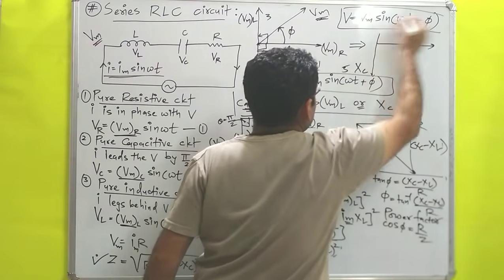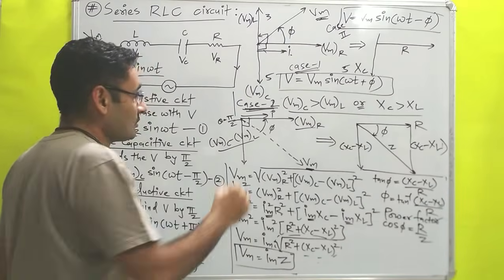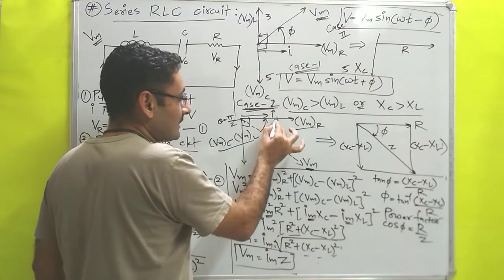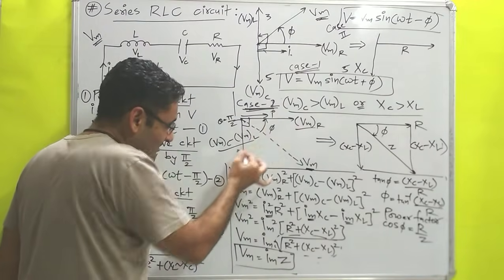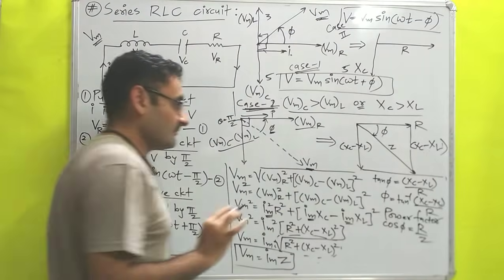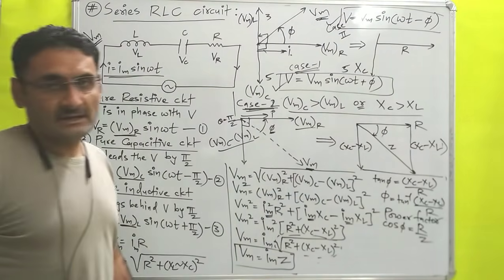This is for case number 2. Why minus phi? Because from the diagram you can say Vm lags behind the current. Lags means पीछे चल रहा है. पीछे कितना चल रहा है? phi इतना. पीछे means minus phi. So these two equations you have to remember for case 1 and case 2.